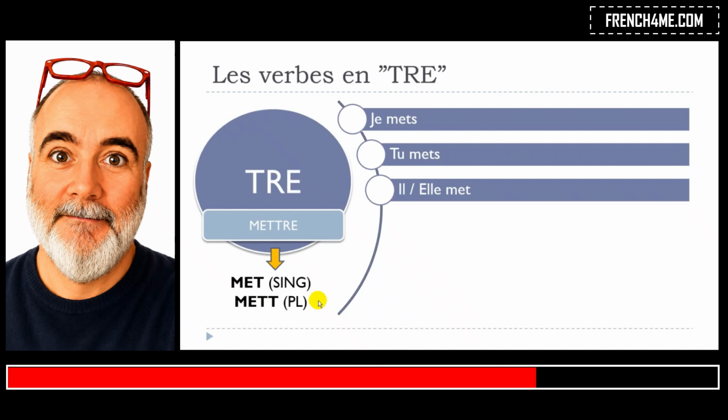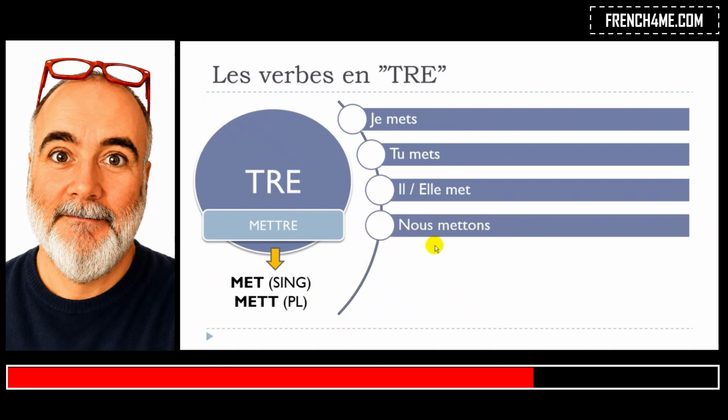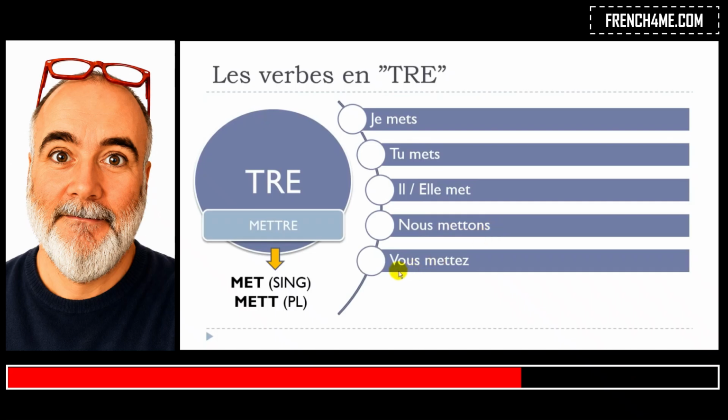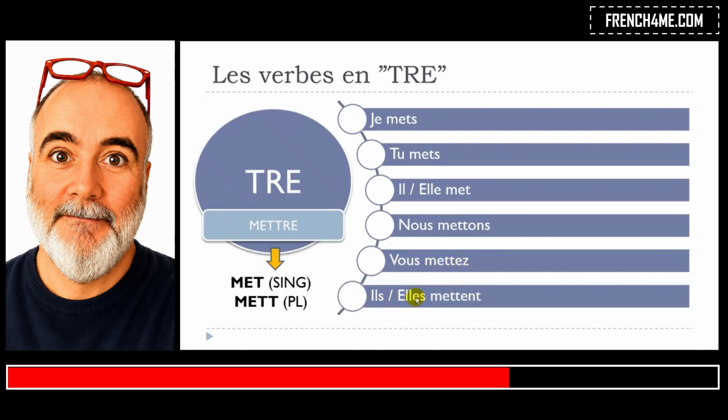And this is the reason why we'll get nous mettons. So you can see that we put back M-E-T-T, and then the ending O-N-S. Nous mettons. Then vous mettez, so in the same way, we keep this first part, the root or the stem, plus the ending. And then finally, ils mettent, elles mettent, exactly the same thing.